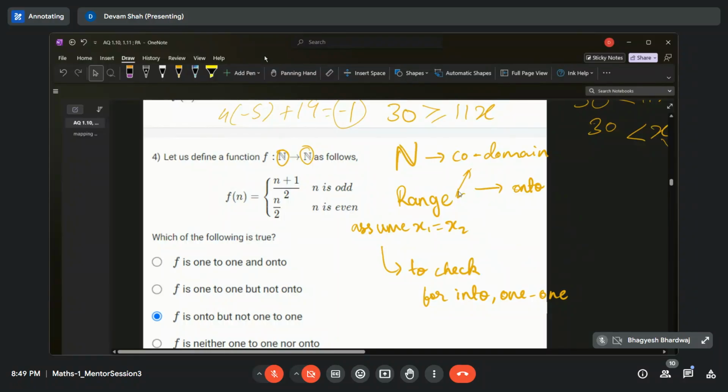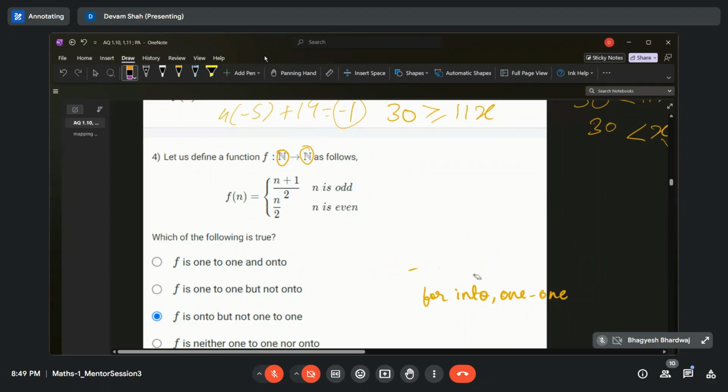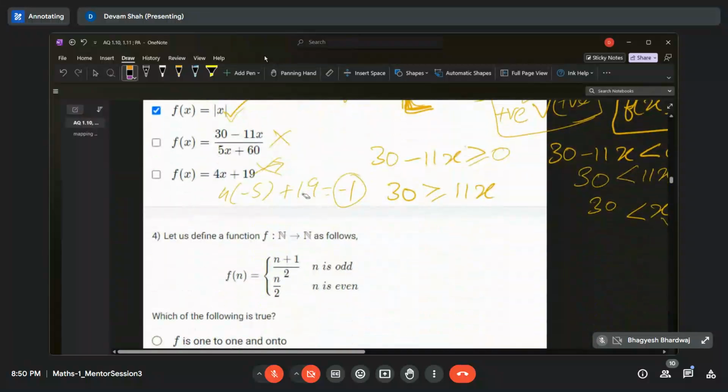Correct, sir. Codomain will always be given. You will only have to find range for checking onto, and for into you have to just do this x1 x2 thing, and for bijective you have to check both into and onto. So that's the thing. So we completed the basic definition of function, into and onto functions, bijective functions.